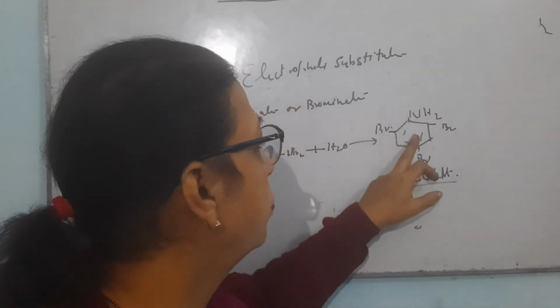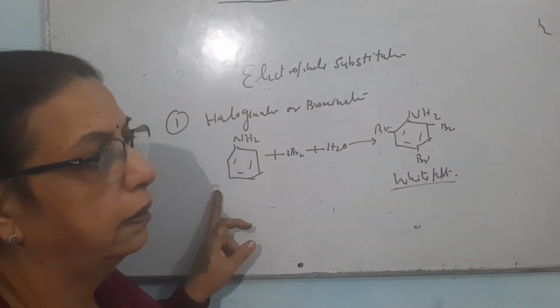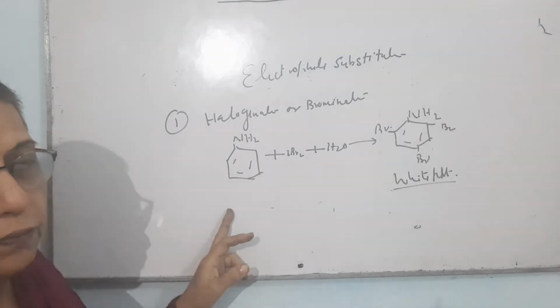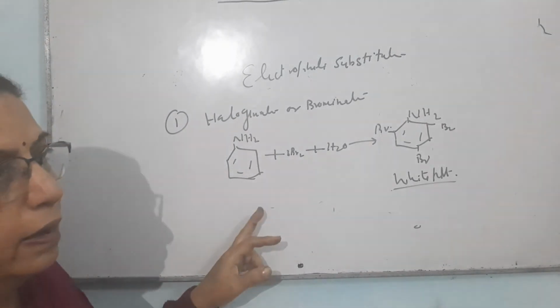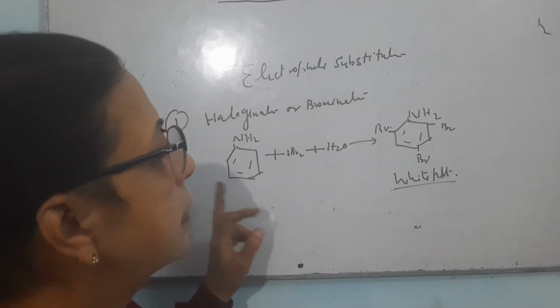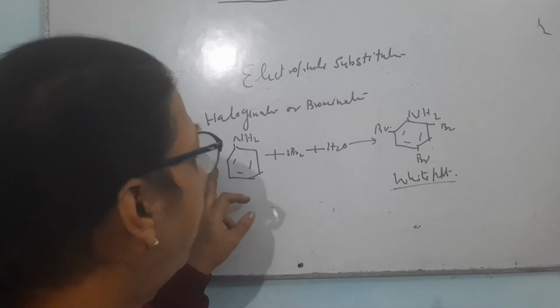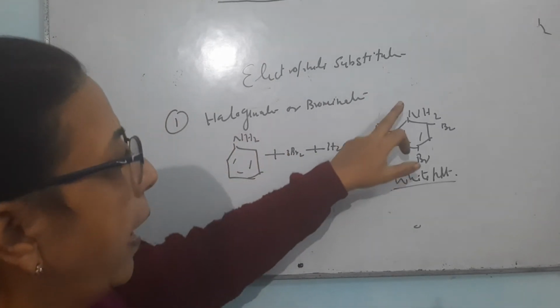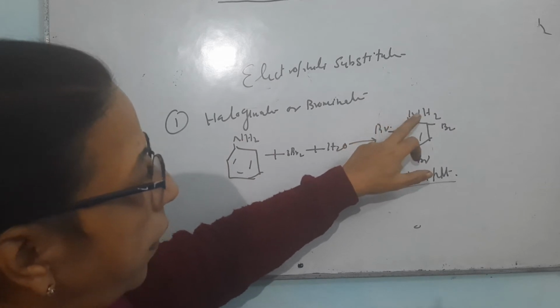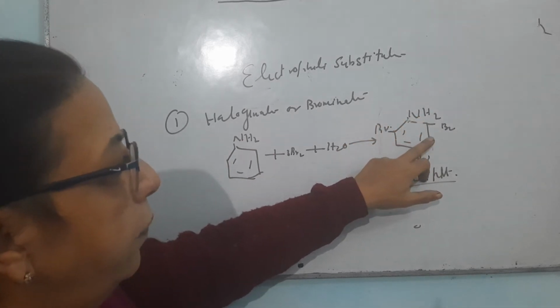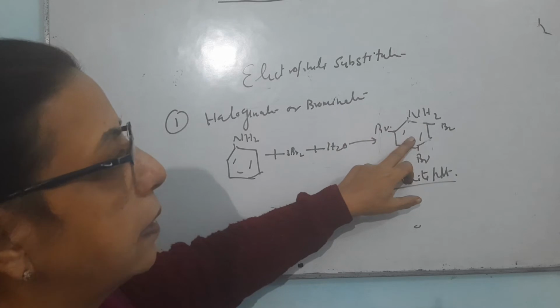This can be used for testing aniline. If you want to distinguish aniline from aliphatic amines, this test can be used. Now, this NH2 group is very much reactive. It activates the benzene ring.